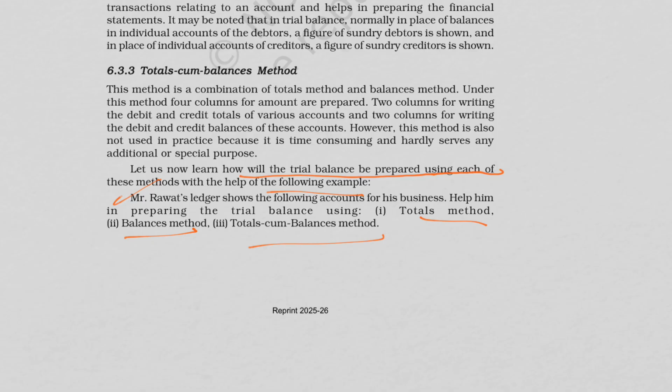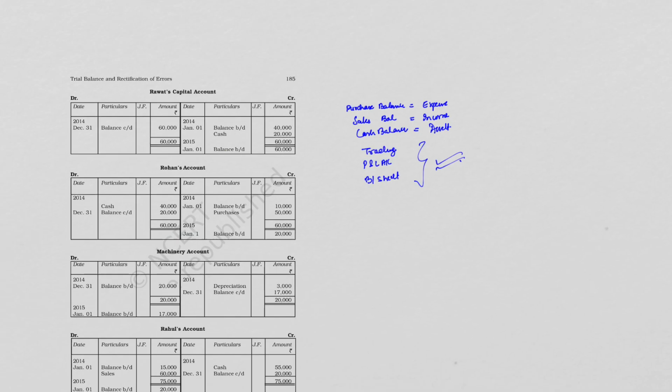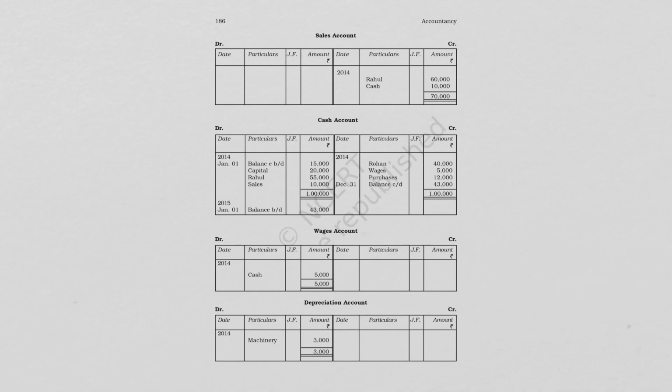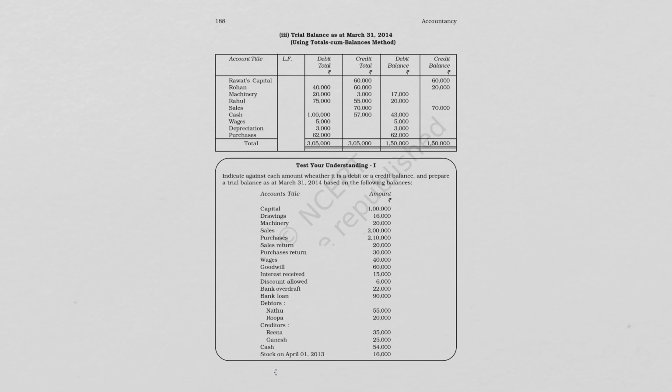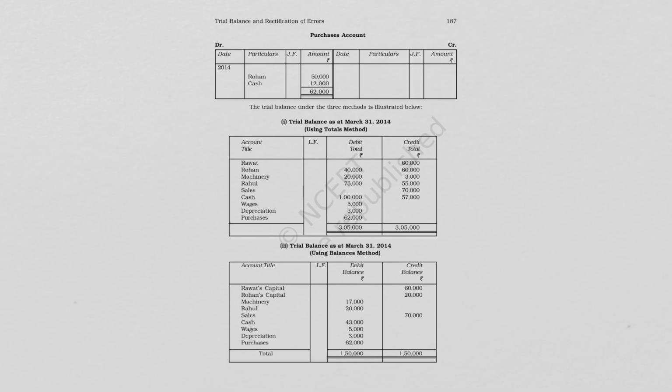So basically, a practical example of Rawat's ledger accounts is given, and the accounts we can see are the capital account, Rohan's account, machinery account, Rahul's account, sales account, cash, wages, depreciation, and purchases.